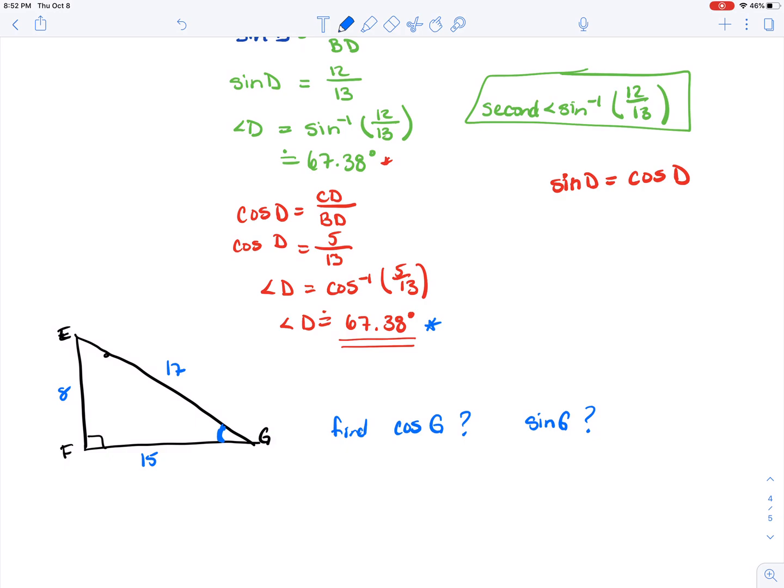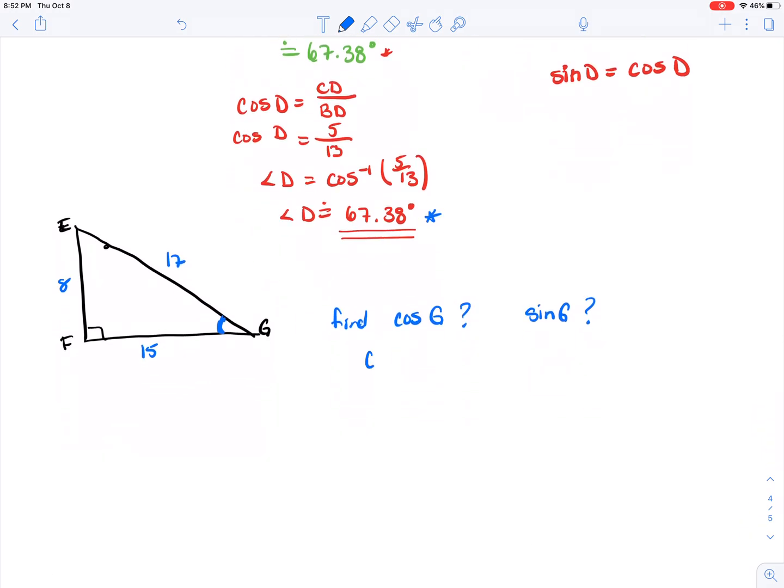Welcome back. So of course, to find cosine of G, we're looking at adjacent over hypotenuse, so 15 over 17. And to find angle G, you have to put in your inverse, 15 over 17. If you put that in, you're going to get an answer of 28.07 degrees.